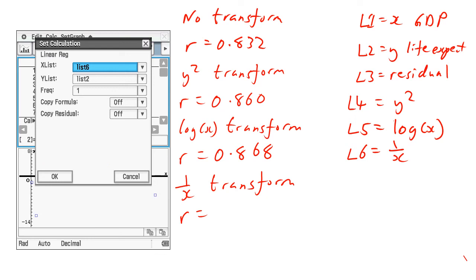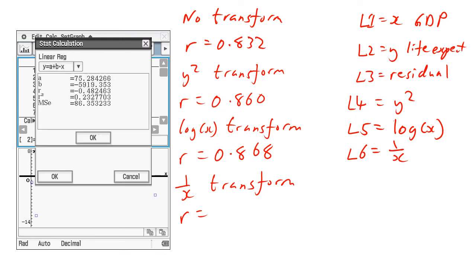You can see why you need to keep this list going, because it's just all over the place otherwise. And we get an r of minus 0.482. So remember, whenever you do an inverse, you flip the sign, sort of thing. But which one had the best transform? Looks like log x was the winner. Why? Because it's got the best r.